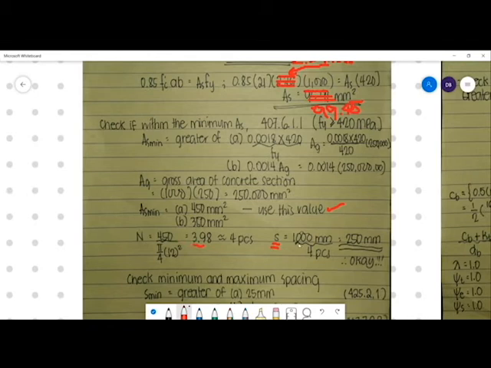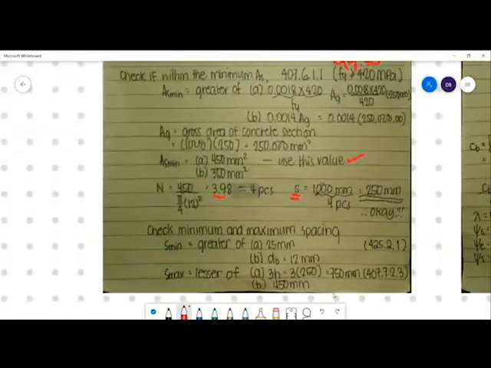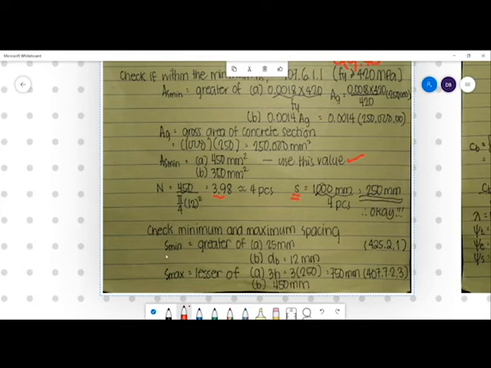So S is equal to 1,000, because we assume a 1 meter strip, divided by 4, which is equal to 250 millimeter. And now we check your minimum and maximum spacing from the section. For minimum spacing, let us determine the maximum spacing first, because that is our priority. Okay?